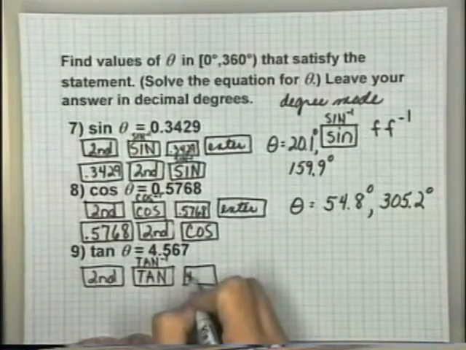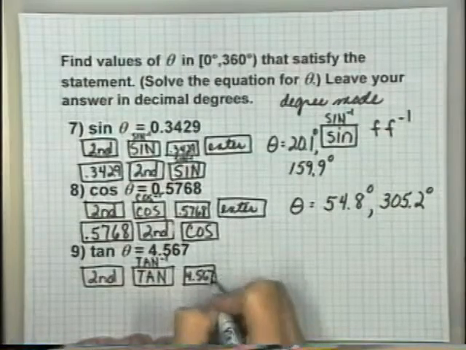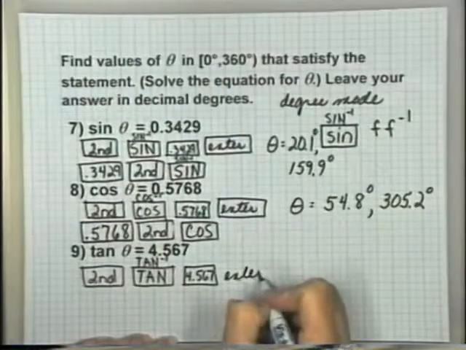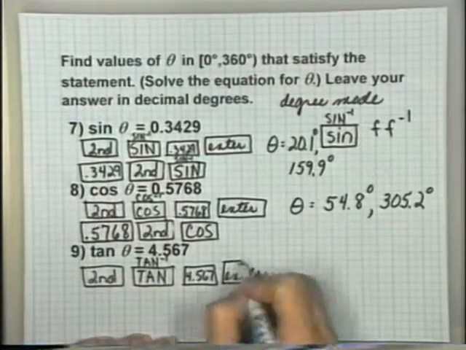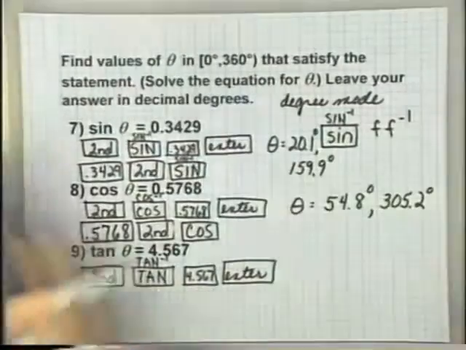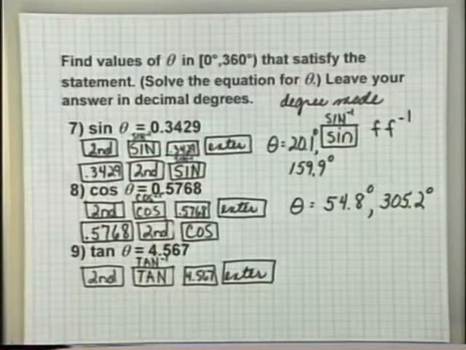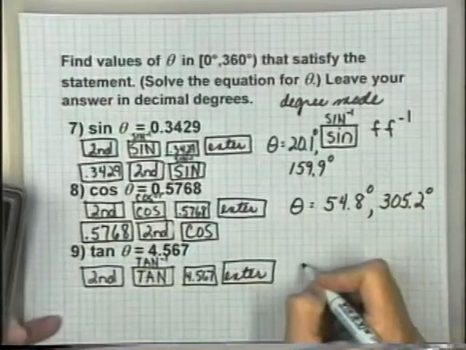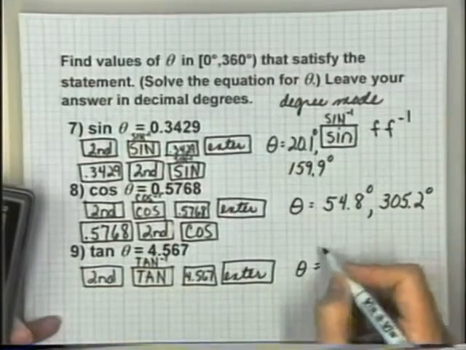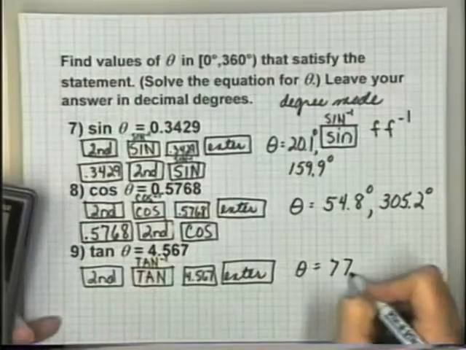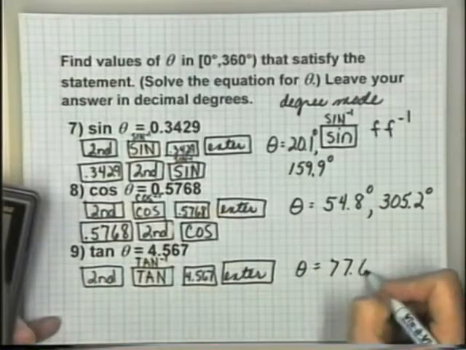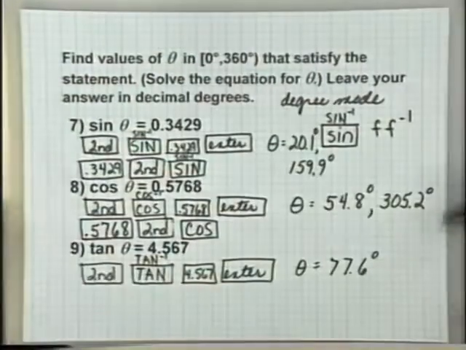Then your value, 4.567, and then your enter button. And we'll round theta, and rounded to the nearest tenth, it's 77 6/10 degrees.